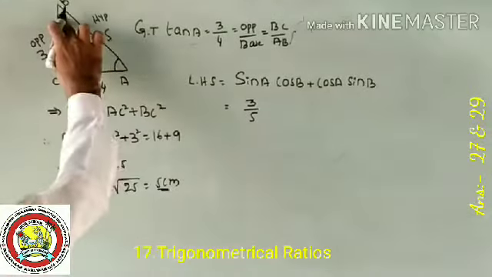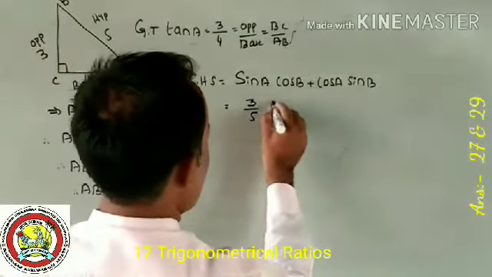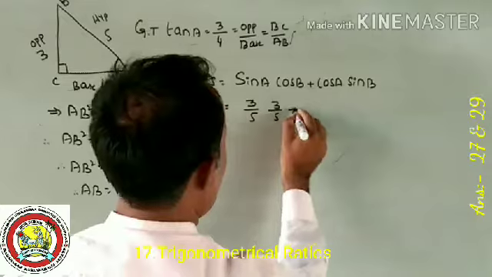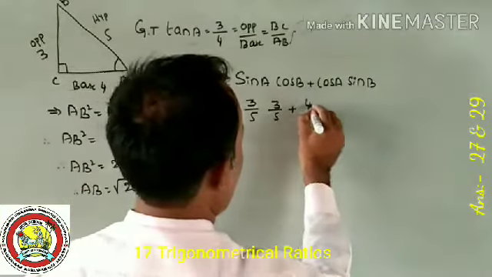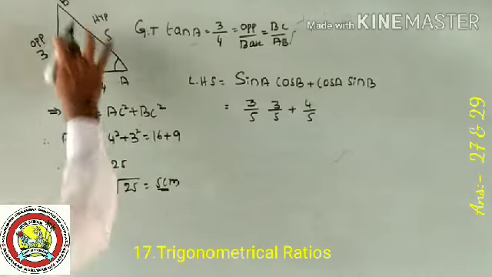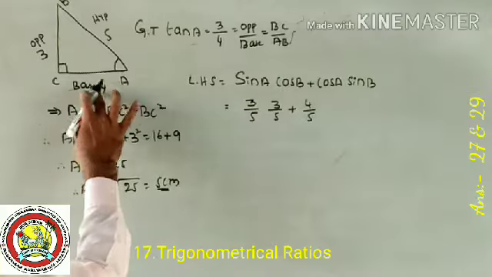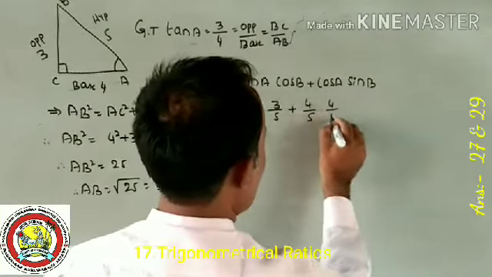Cos B, consider B is acute. Next, this is base, base by hypotenuse, that is 3 by 5. Plus cos A, base by hypotenuse, 4 by 5. Sin B, that is again opposite by hypotenuse, 4 by 5 into 4 by 5.